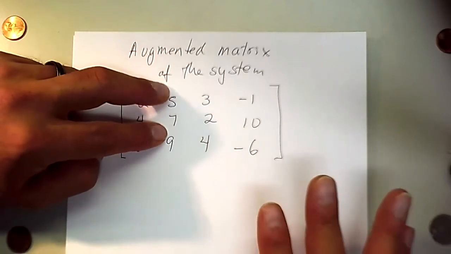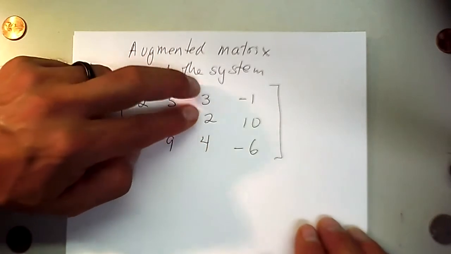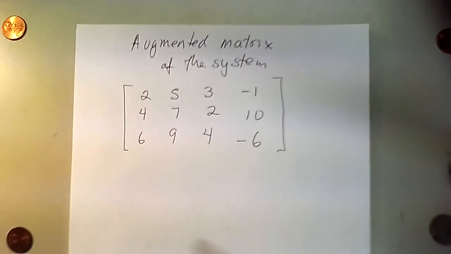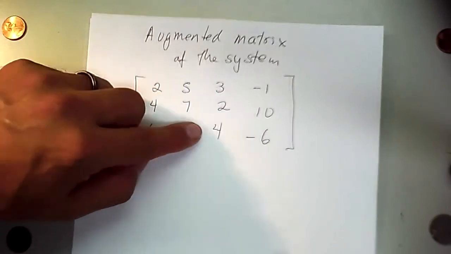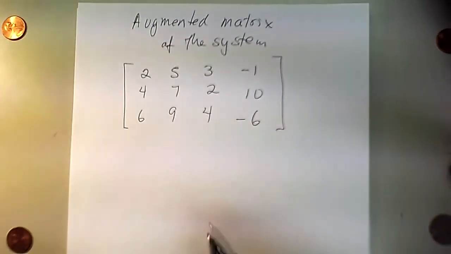Zeros, step 4. A 1 here, step 5. Zeros, step 6. So doing the whole thing should take only 6 steps. 1, zeros, 1, zeros, 1, zeros. And we go from left to right because we don't want to mess up what we already built early on.